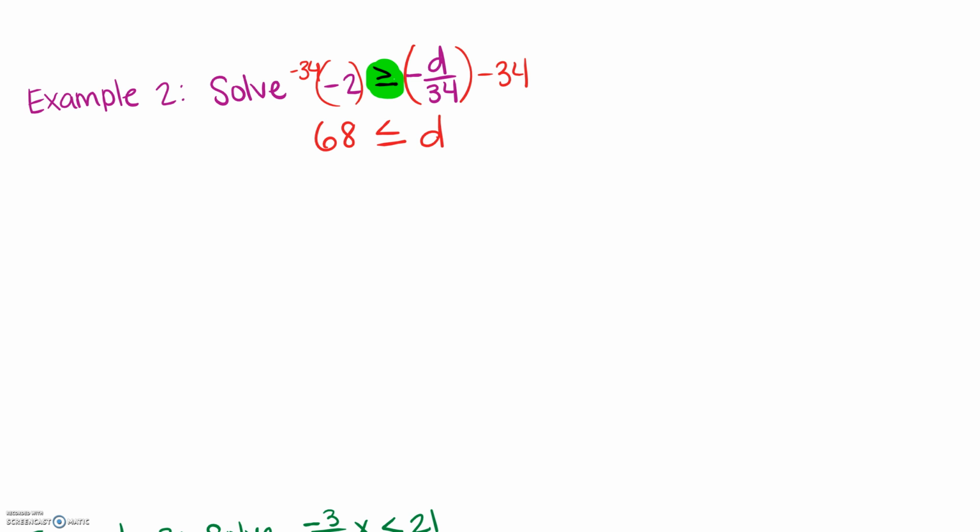Let's write our answer in set notation. We have the set of all numbers d such that d is greater than or equal to 68. Remember, when we have it written as 68 less than or equal to d, in set notation we have to have the variable come first, so you must switch that.